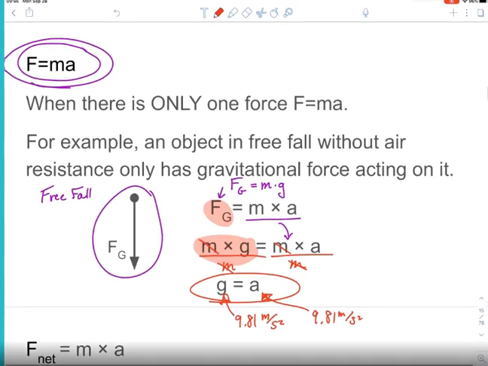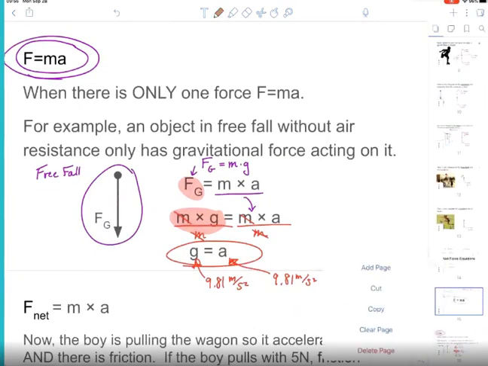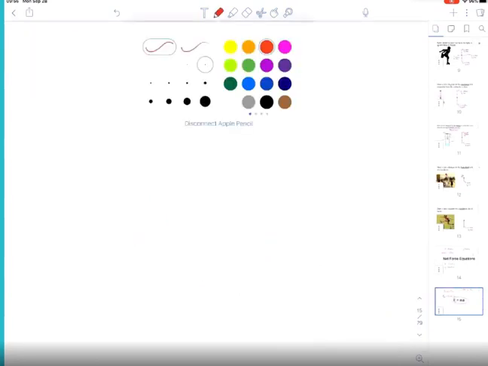Now, unfortunately, that's not always the case. We know that sometimes there is air resistance. So for example, if I have an object here that's falling, let's say a dude with a parachute. Okay, that's my beautiful guy with a parachute. And so he has gravitational force acting on him, but he also has some resistance holding him back.